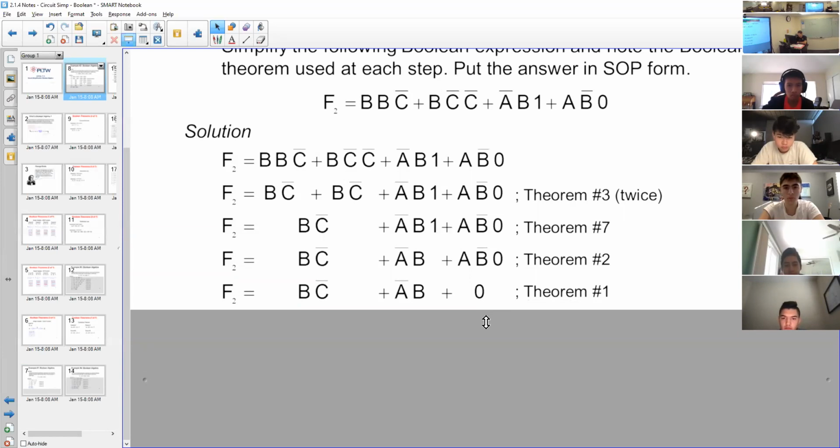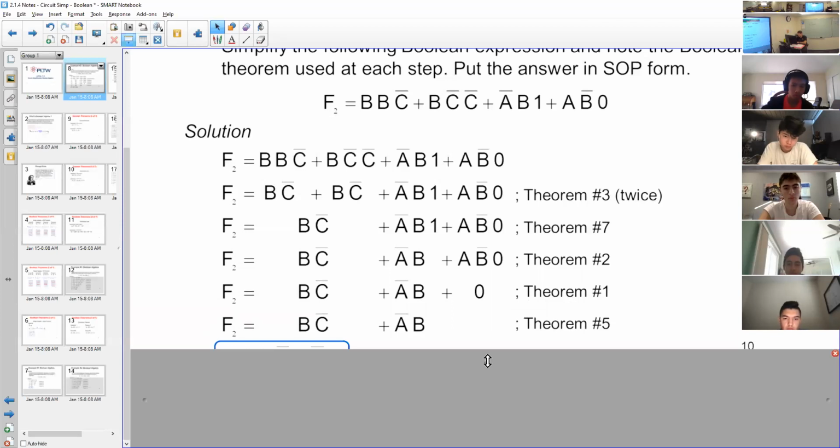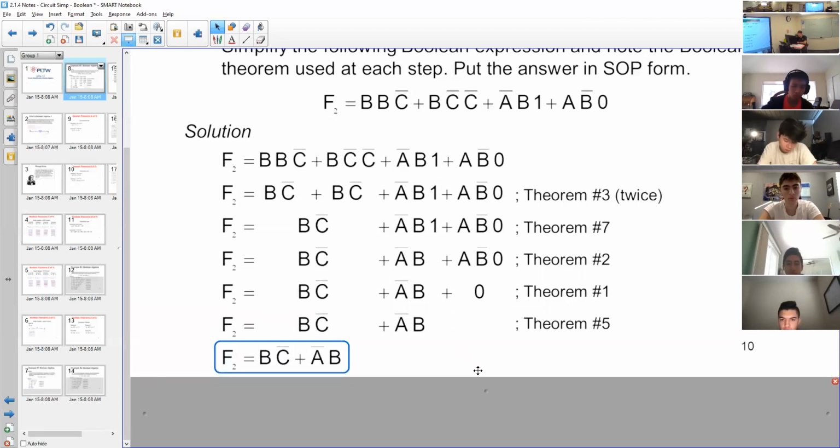And then can anybody guess what theorem's left? Theorem 5 again. Anything plus 0 is just the thing, right? That's theorem 5. So we got this plus 0 out here. We can just eliminate the plus 0. And so we've got B not C plus not A B.